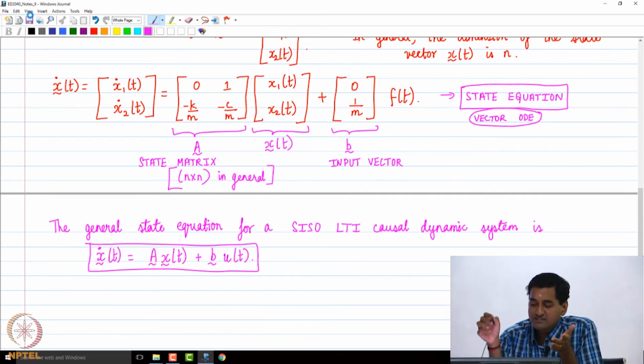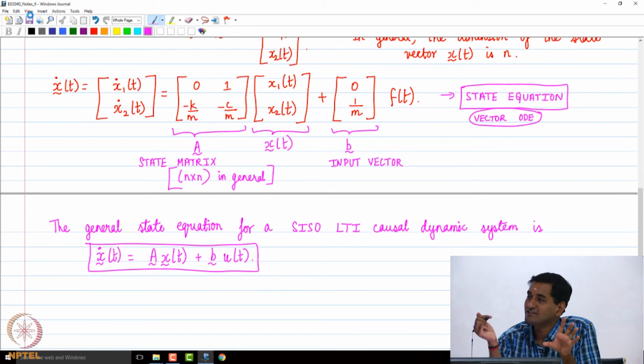So, what does the state equation tell us? Some points to note. Please know that first of all it is a vector ODE, but a first order vector ODE, right. And what does it tell me? It tells me how the state vector would evolve with respect to time, in relation to the input that we are providing to the system, because x dot of t is a time derivative of x, that is related to the state vector itself and the input provided to the system.